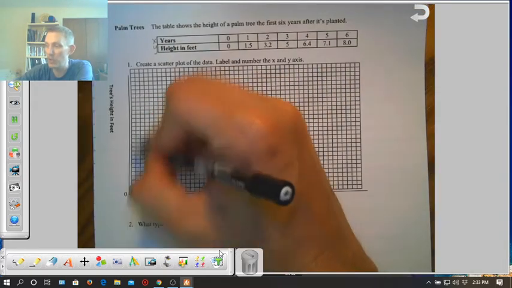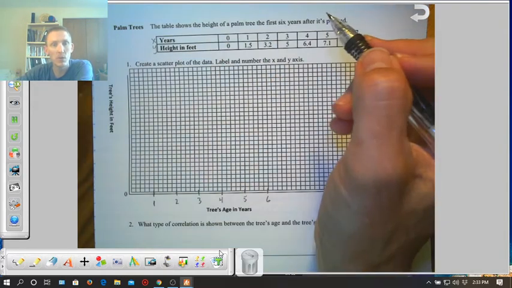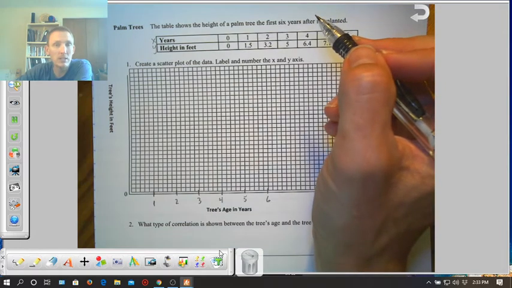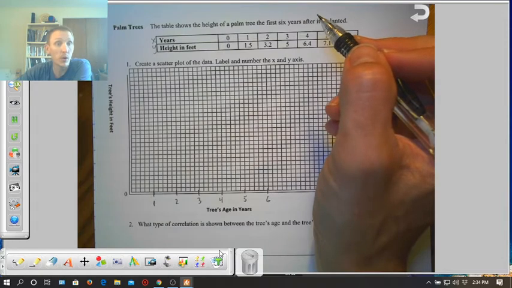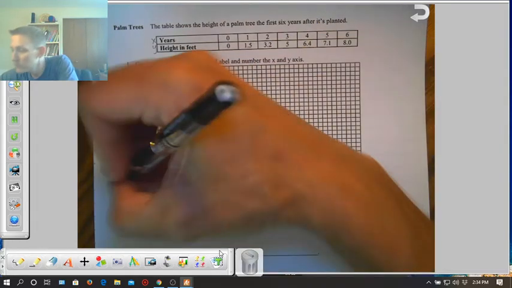And then our height in feet goes up to 8. Now remember, we have 30 squares up here. So let's just make it every 2 squares is worth 1.